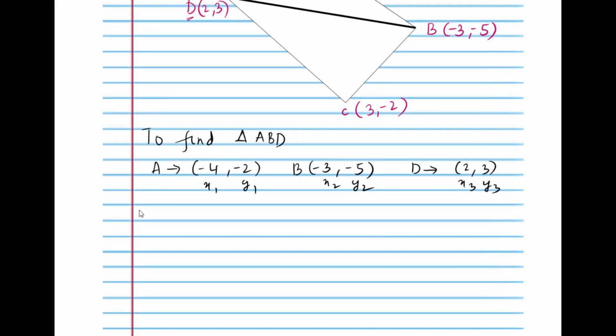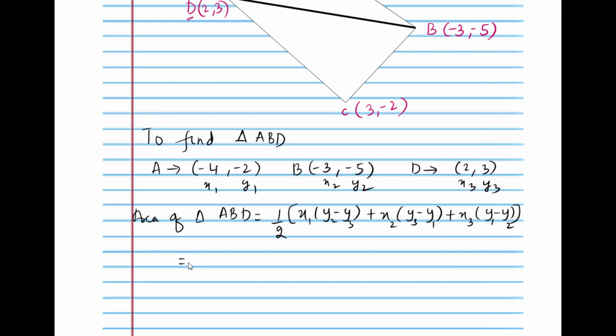Now area of triangle ABD equals half into x1(y2 - y3) + x2(y3 - y1) + x3(y1 - y2). Next, substitute the values.